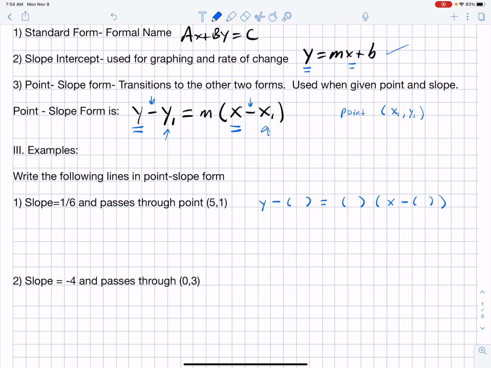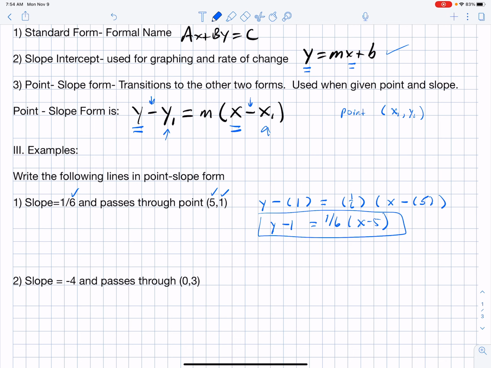And so our y coordinate is 1, and our x coordinate is 5, and our slope is 1/6. And so if we neaten this up, we say y minus 1 equals 1/6 times x minus 5. Okay, and that's it. That's the point slope.